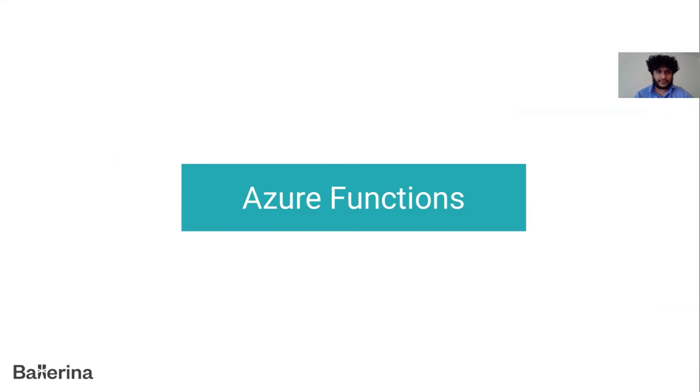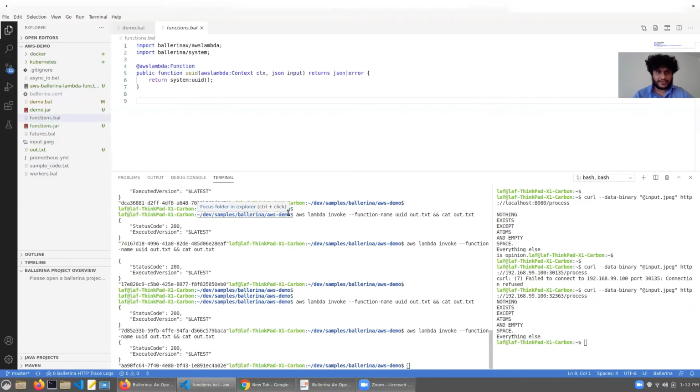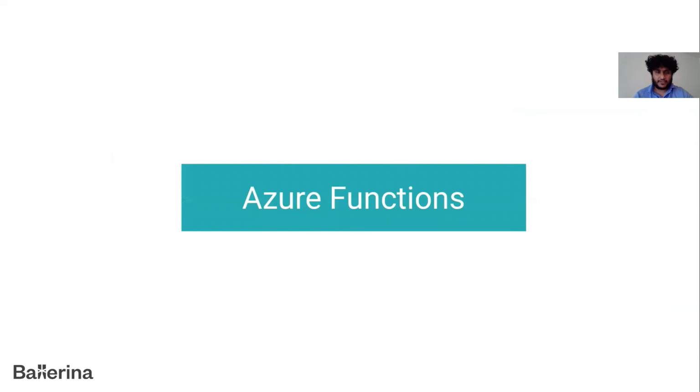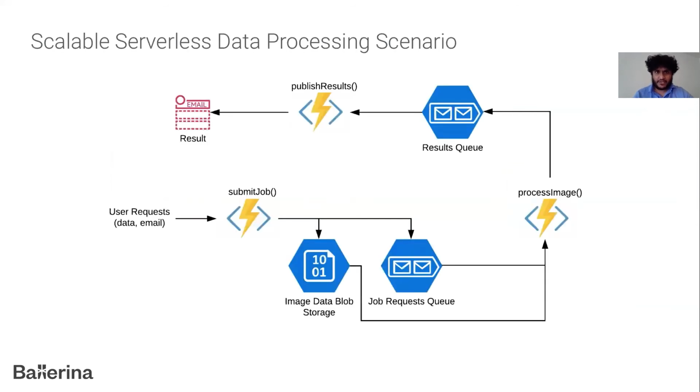So in a similar manner, an annotation-based approach is there when you want to define those types of serverless functions as well. So here I have a specific scenario that I have created using Azure Functions.